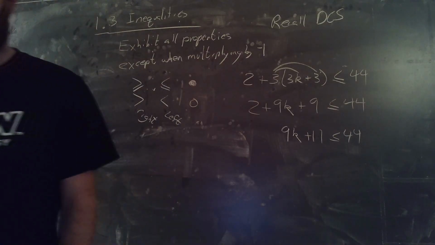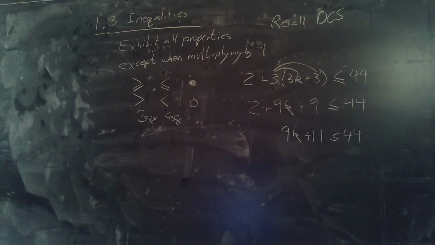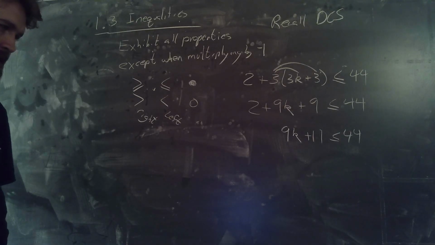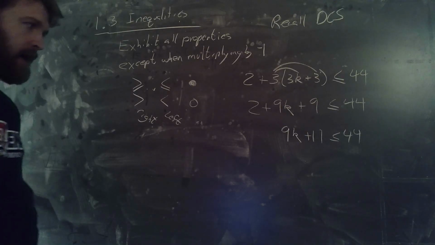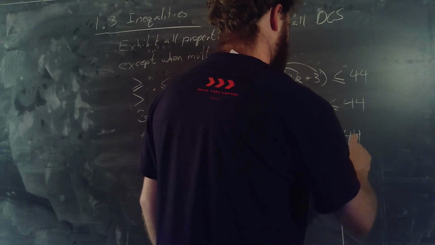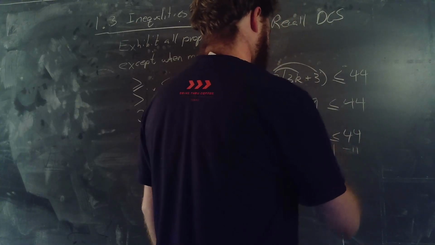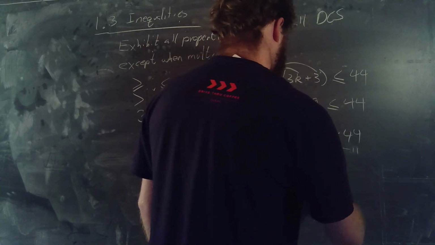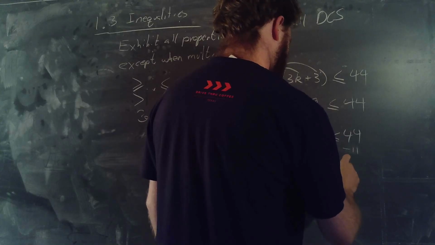The way that we solve these in the solve step is basically the same exact thing that we did in the equations section. We want to send the numbers to the right and the letters to the left. So I'm going to subtract 11 from the left-hand side, which will have the effect of canceling off the 11, leaving me with 9k.